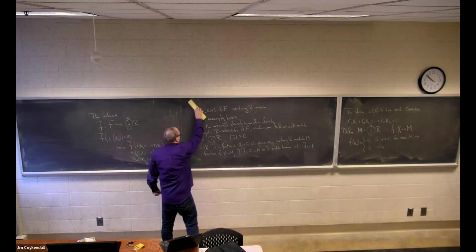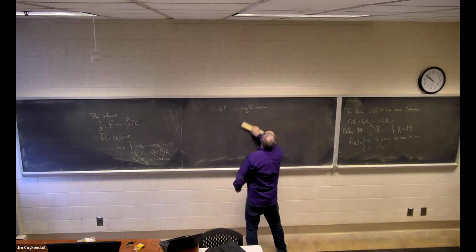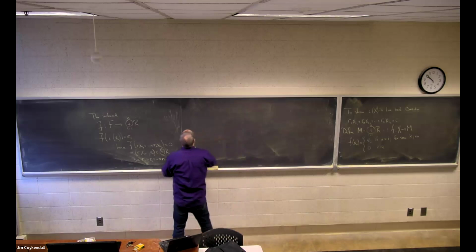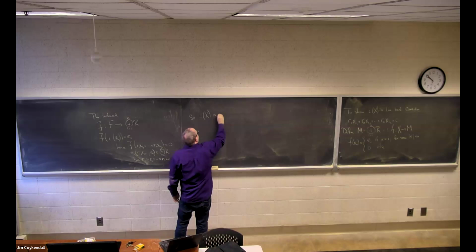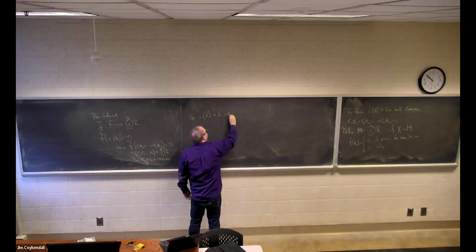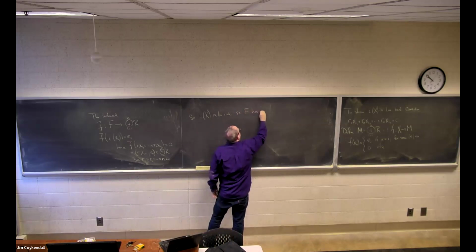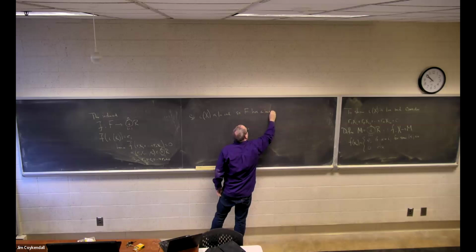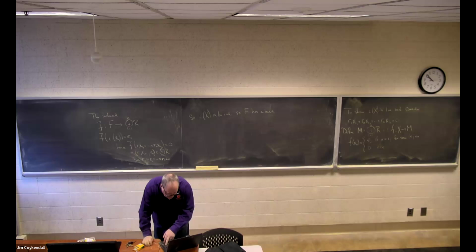And so from this, we can conclude that our X is a basis. X is linearly independent. So F has a basis, namely, the image of X in the binary.